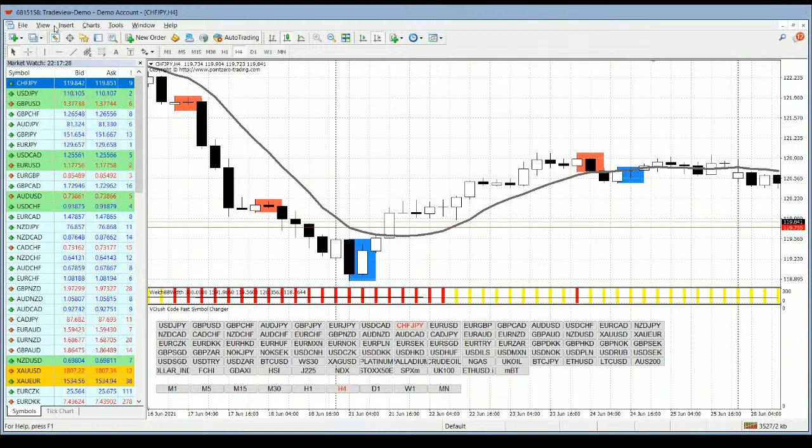I'm going to give you an exercise. I'm going to label two of these here. I'm going to label number 1 and I will label number 2. So let me do number 1 here and you tell me which of them is a valid trade.